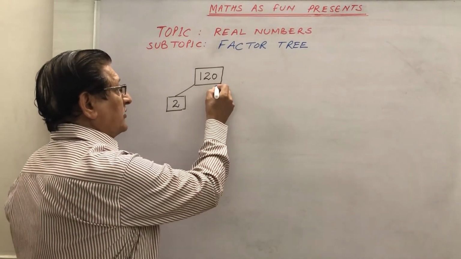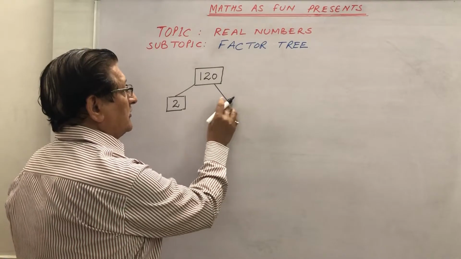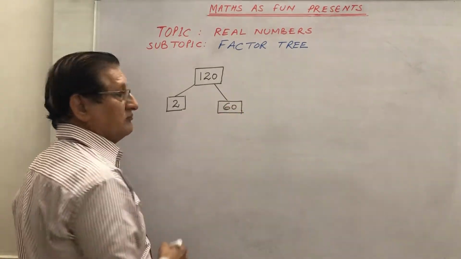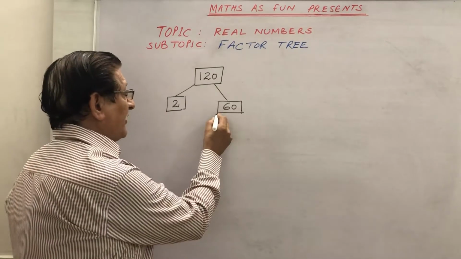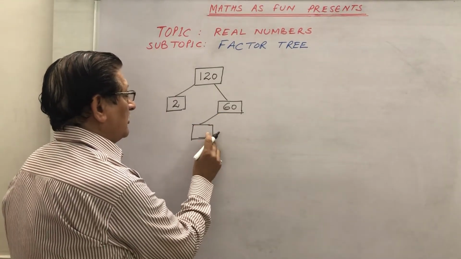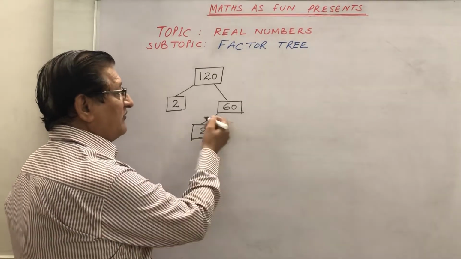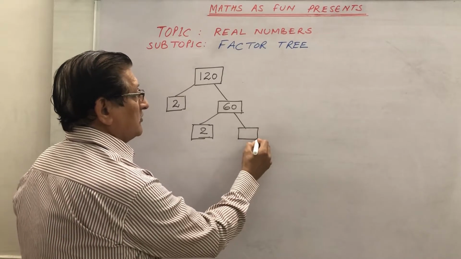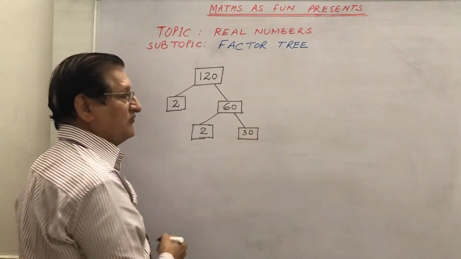After dividing by 2, we get 60. Again the next factor is 2, and when we divide by 2, the next number is 30.